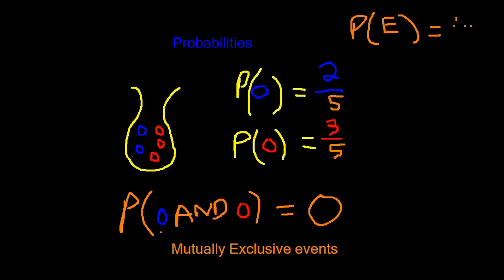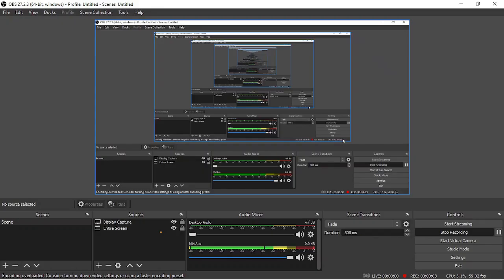You know what I mean? You can't pull out one ball and have it be in a superposition of red and blue at the same time. You can only pick out a red ball or a blue ball. So that covers mutually exclusive events.